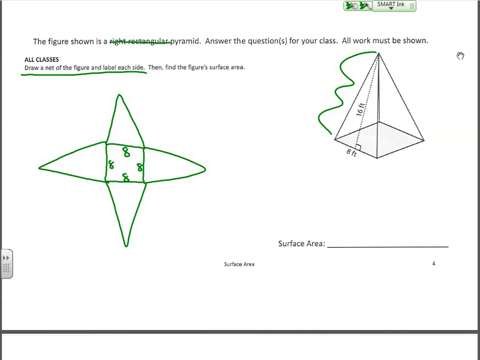The height of the triangle is 16, which is a good thing. That's what they give you because that's what you need to find the area of a triangle. For the area of a triangle, we don't care what these sides are because we don't use them. Right? Base times height divided by 2, area of a triangle. So we've got the base and we've got the height there. Questions on this one?